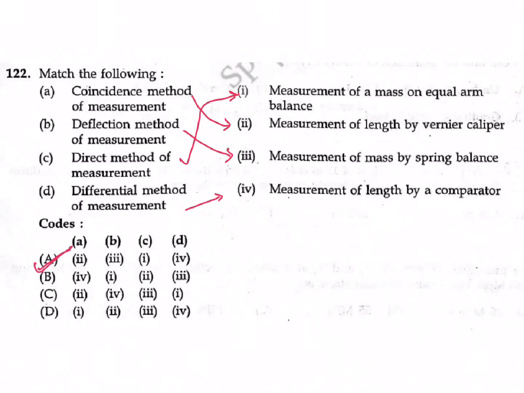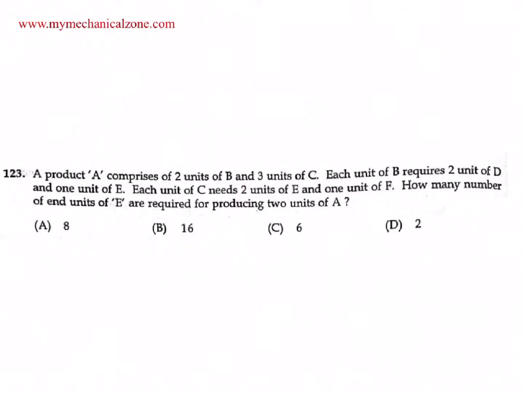A product comprises of 2 units of B and 3 units of C. Each unit of B requires 2 units of D and 1 unit of E. Each unit of C needs 2 units of E and 1 unit of F. How many end units of E are required for producing 2 units of A?